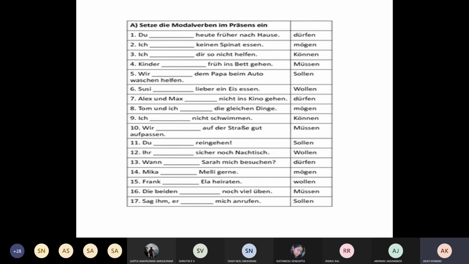So for example, first sentence: Du heute früher nach Hause. We have to use the verb dürfen. So what is the subject here? As you know, according to the subject, we have to conjugate the modal verb. So what's the subject in the first sentence? Anybody?